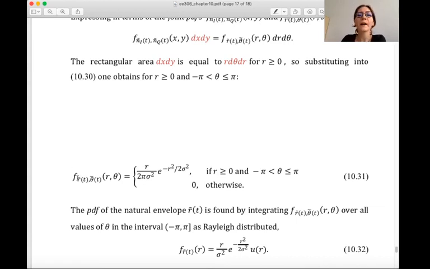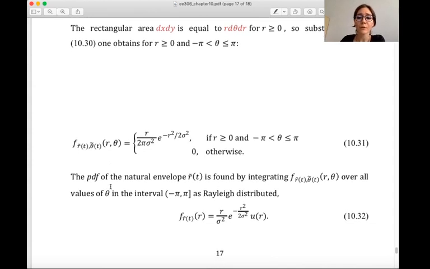Now from this, we can finally find out what the distribution of r of t should be. All we need to do is to marginalize the distribution. Remember, if you integrate the joint density over theta, you'll get the marginal density of r. So doing this, you get this expression. In fact, imagine that you're integrating this expression over the range of theta values, between minus pi to pi, to do the marginalization.